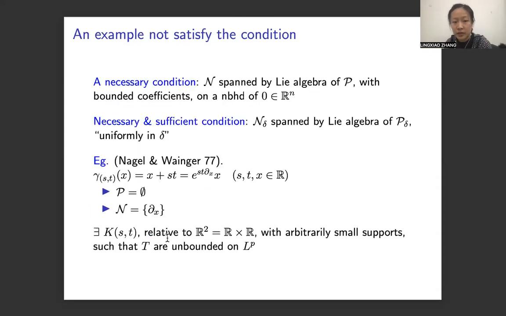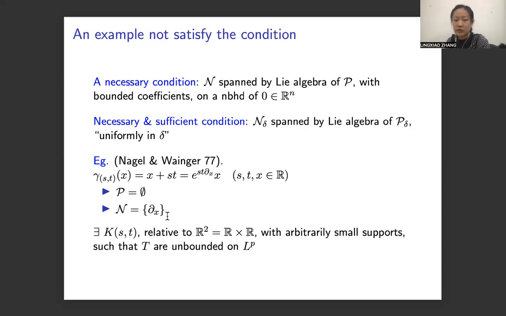Okay, now I want to give an example to explain what these conditions mean. So it's an example by Nagel and Wainger where gamma is equal to x plus st. When written in exponential form, the exponent is equal to st multiplied by the vector field dx. So we have no pure vector fields. We have one non-pure vector field dx.